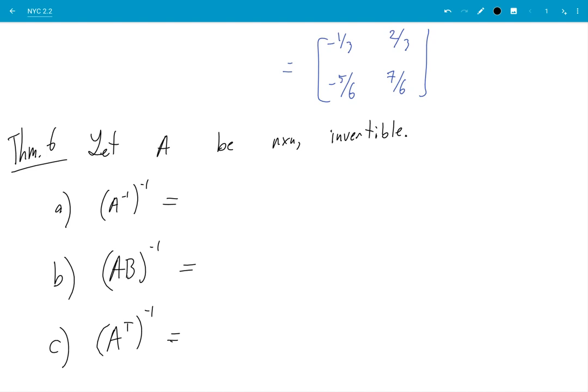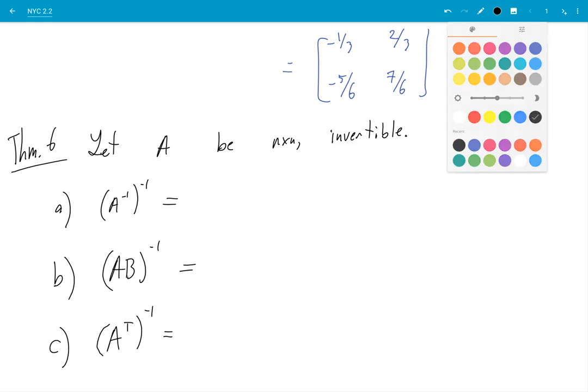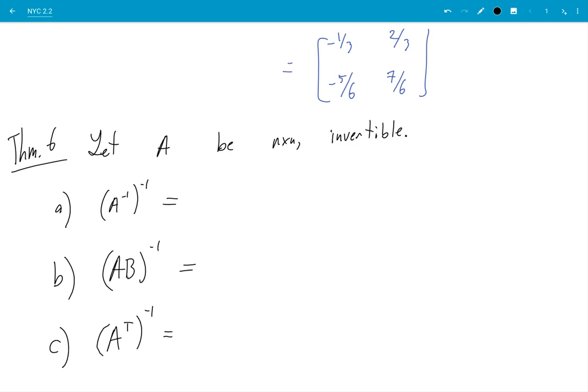Okay, so we can figure out these three things. If you invert a matrix twice, what do you get? Well, you come back to where you started. If you invert a product, in fact, you reverse the order.